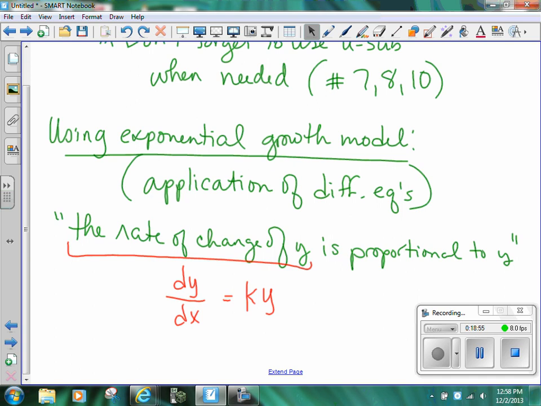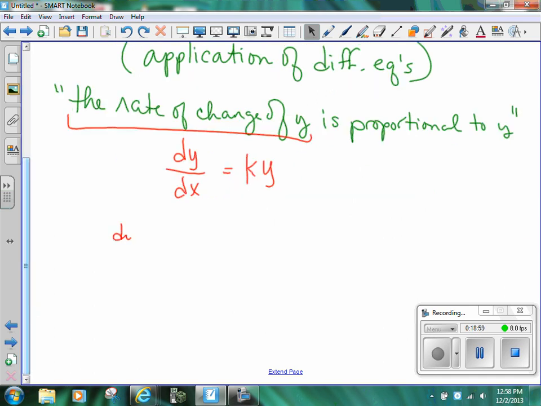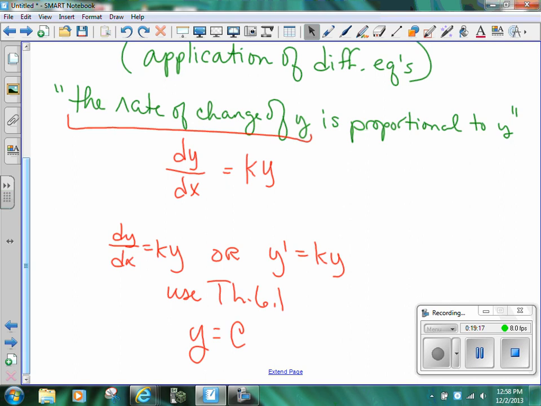Anytime you see dy dx equals ky or y prime equals ky, you're going to use Theorem 6.1, which is in your book, and it is the same formula every time. y equals C e to the kt, not rt.